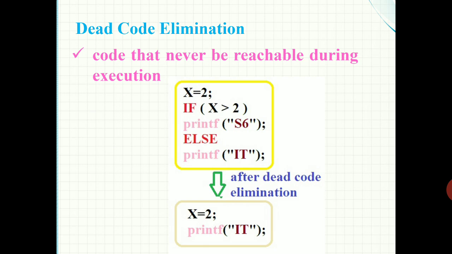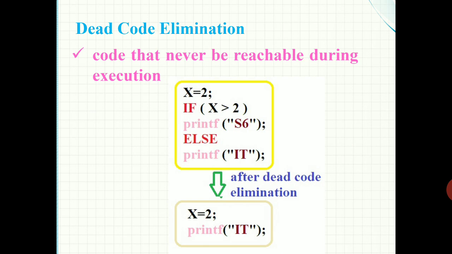From this code you can say that the condition x greater than 2 will always be false. Before the statement the value of x is 2, so it will not return true as the result. So the expression will always evaluate to false, and it will not go to the print statement, print s6. So it will always perform the else part of the code.